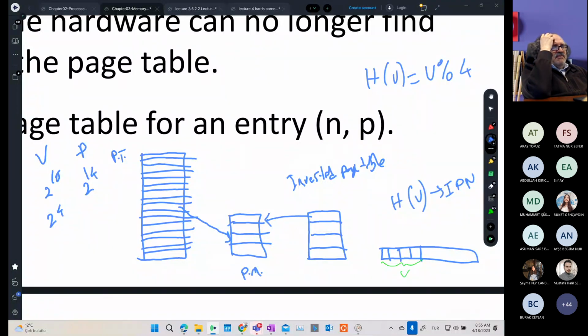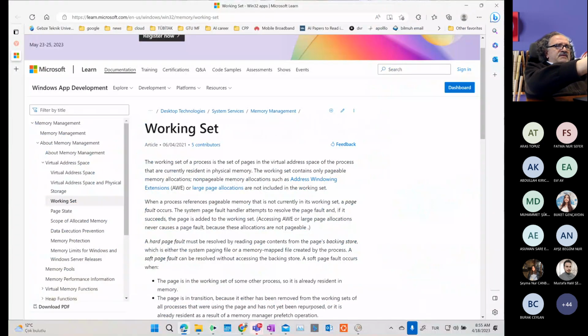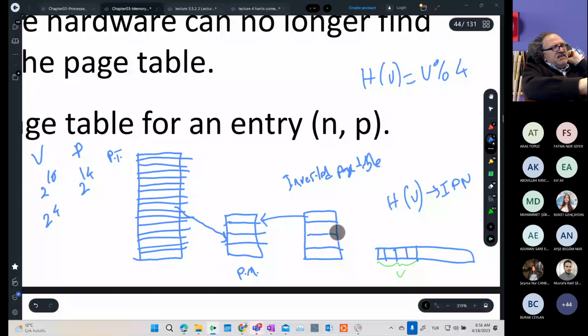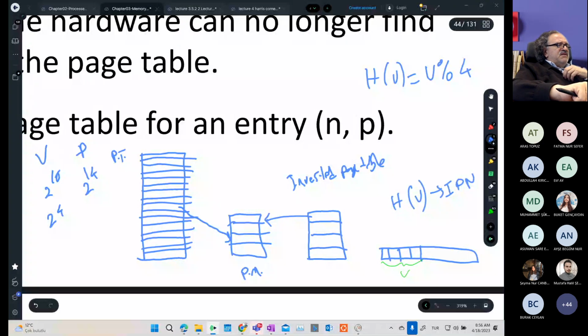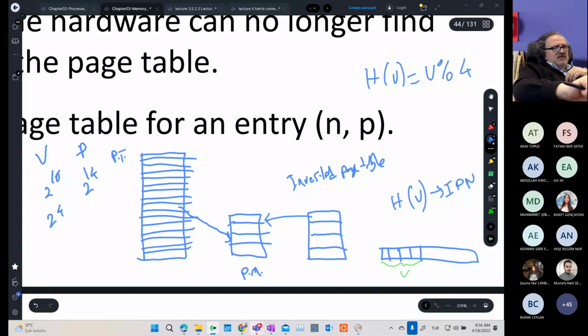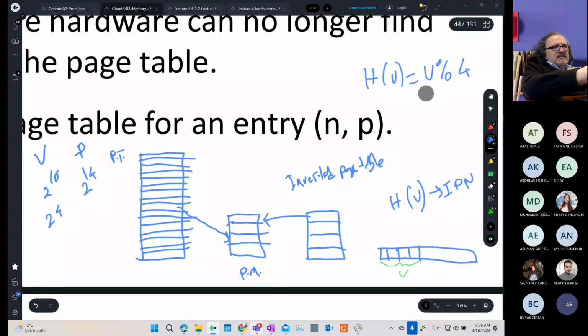Okay, so what is the problem with this approach? It is very simple. The page table size is the same as the number of frames; the number of page table entries is the same as your physical memory page frame count. 4 frames there and 4 elements there. Very nice. And I use a hashing function like this, mapping the virtual address by taking the modulo of it.